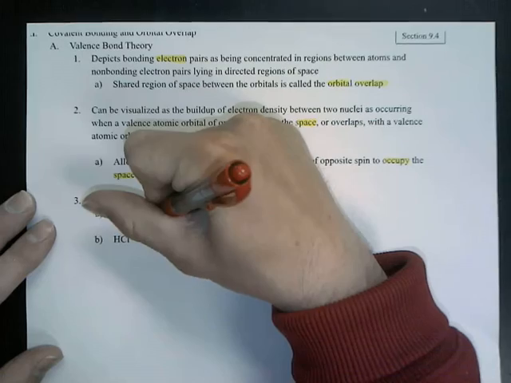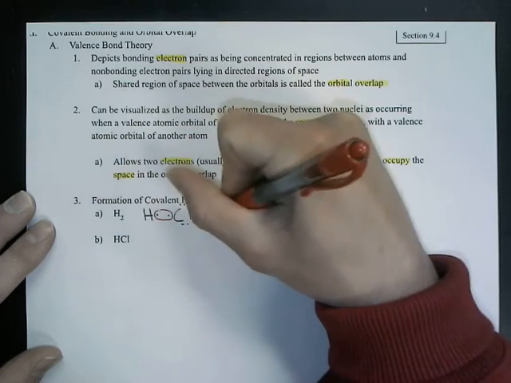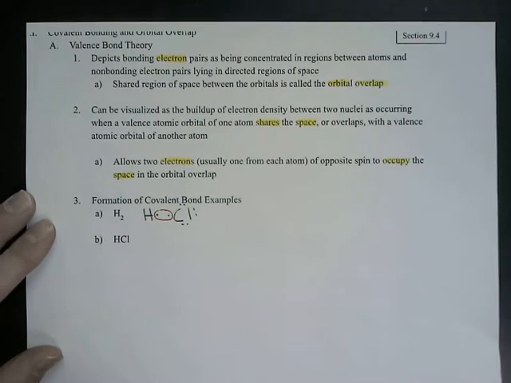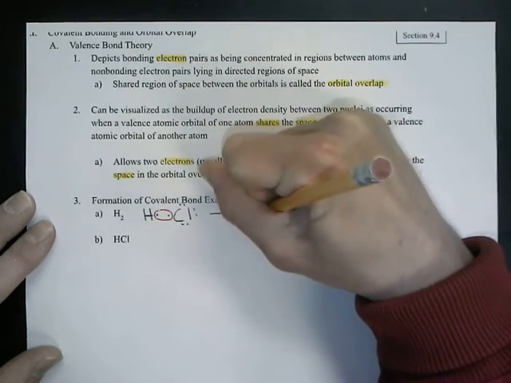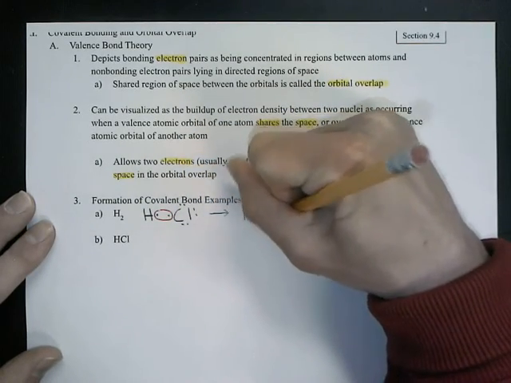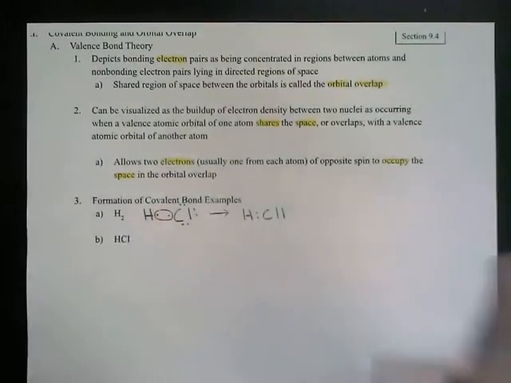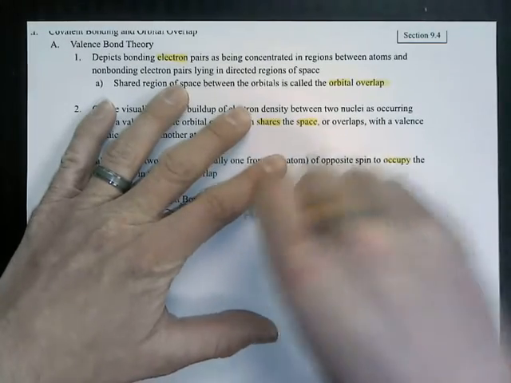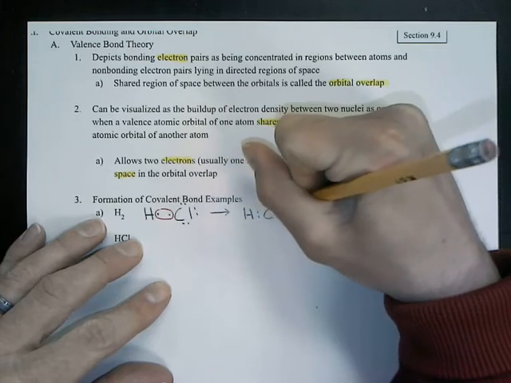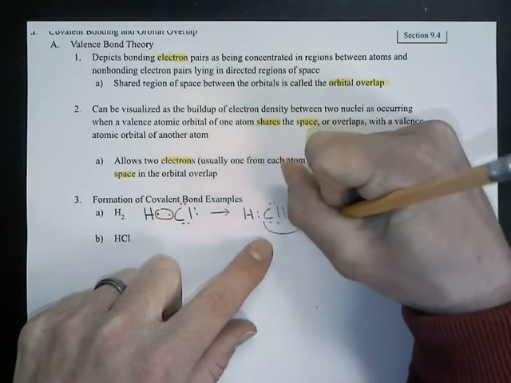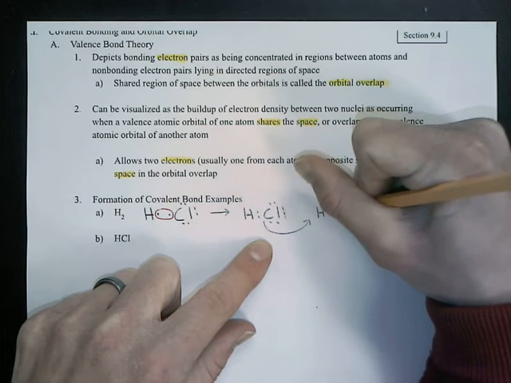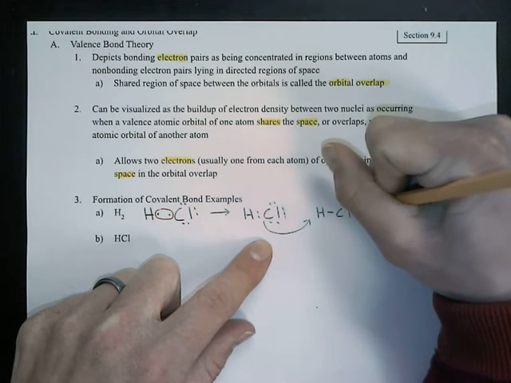We would have to get the H and the Cl close enough, and once they become close enough, they're going to be involved in that covalent bond, which we eventually show here as the H as a line connected to the Cl.